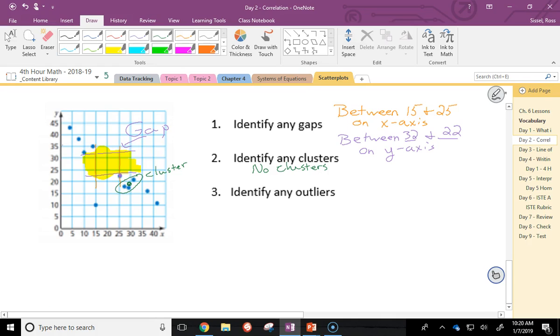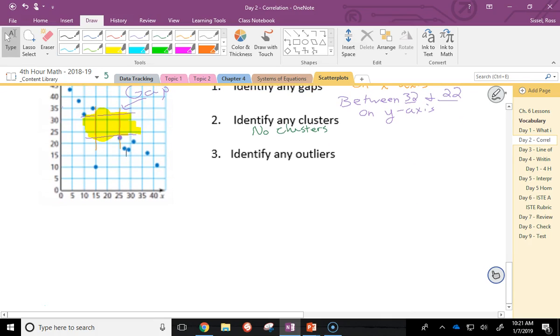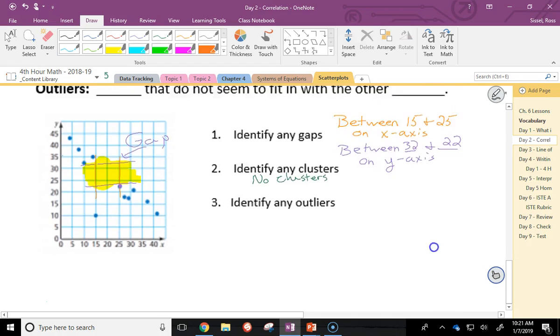On this graph, we're not going to say there's a cluster because we're not going to count a cluster with just 2 points. A cluster should be a group of 4 or 5 or so. Alright, so on this one, we're not feeling like we have any clusters.